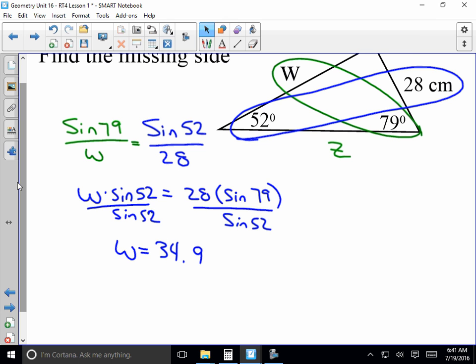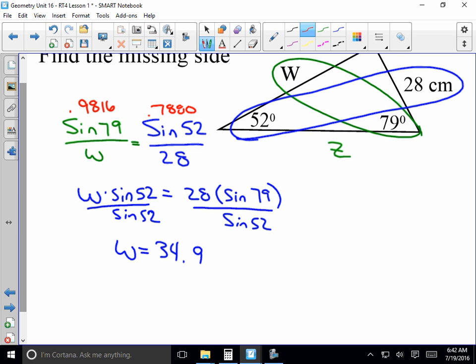Now remember, one thing that you can do in this process, you can turn your trig values into actual numerical answers. Sine of 79 is 0.9816, sine of 52 is 0.7880.